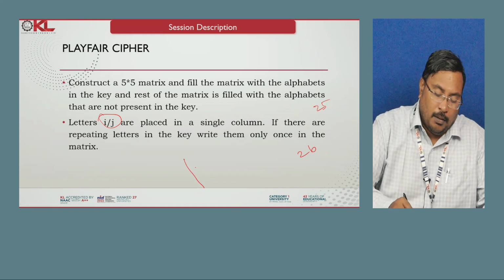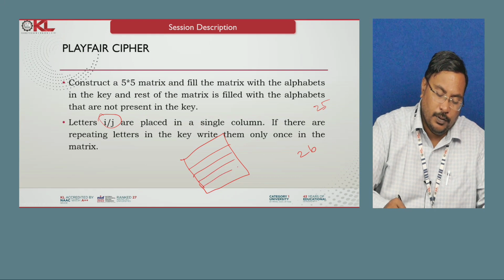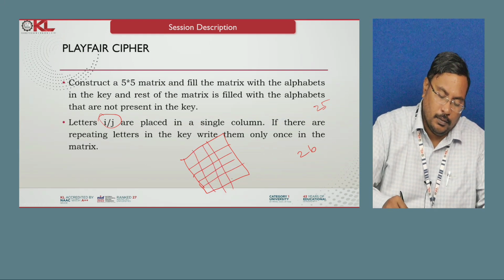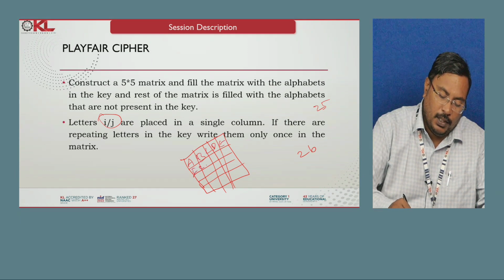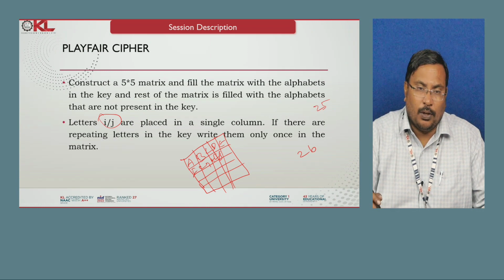So the matrix will look like this: A, B, C, D, E, F, G, H. Here we are going to put I and J. This is the way we are going to fill.